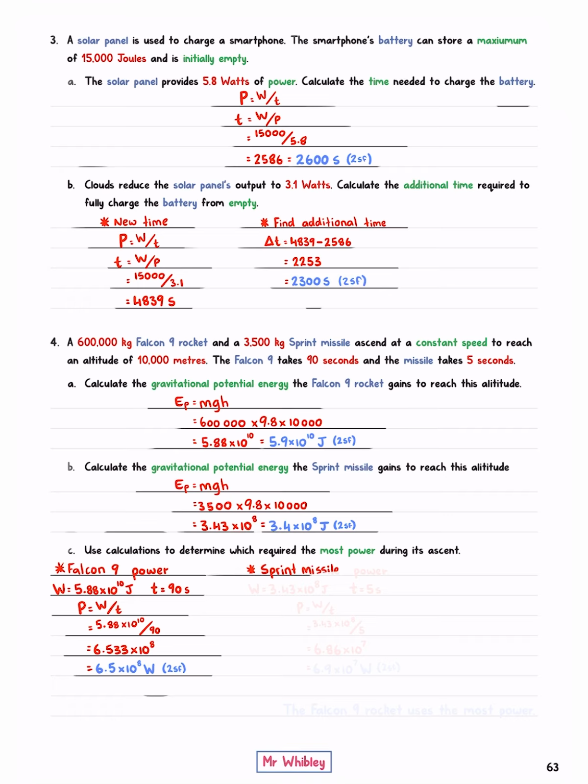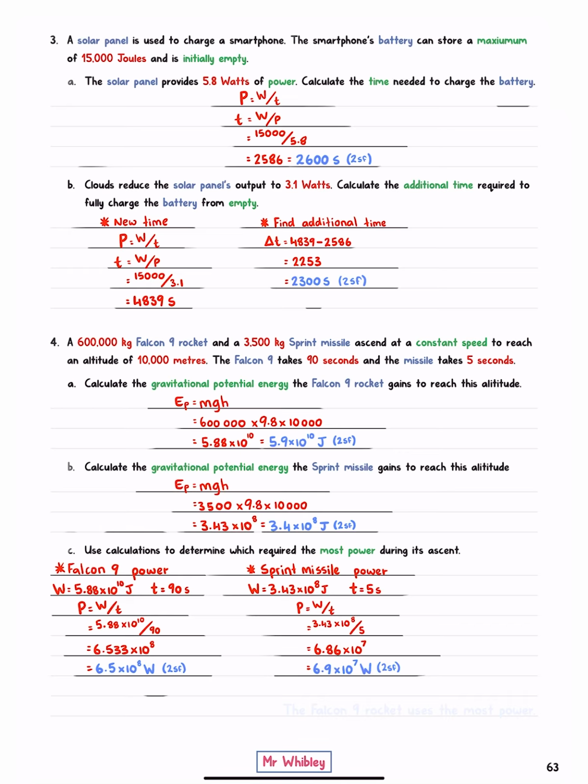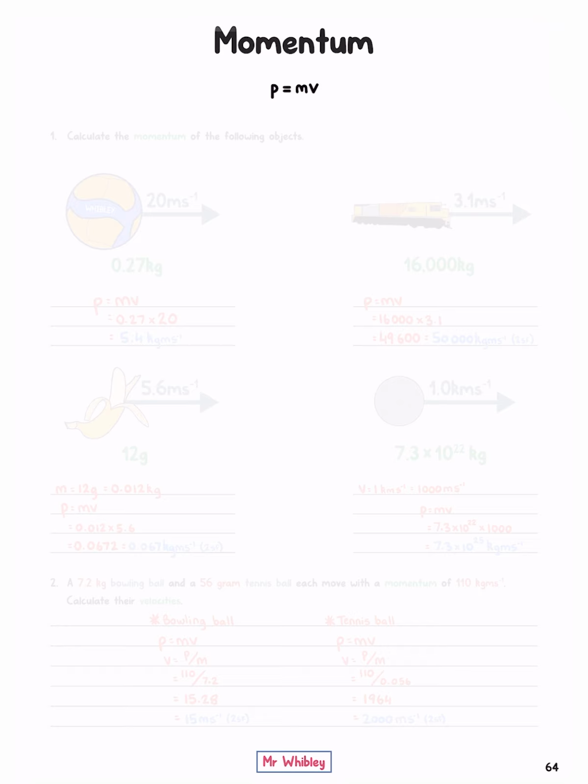Doing the same with our Sprint missile, we know our work and we know the time. Using our power equation, putting these numbers in, gives me 6.86 times 10 to the 7 or 6.9 times 10 to the 7 watts to two significant figures. And since we can see that this number is bigger than this number, the Falcon 9 rocket uses the most power.